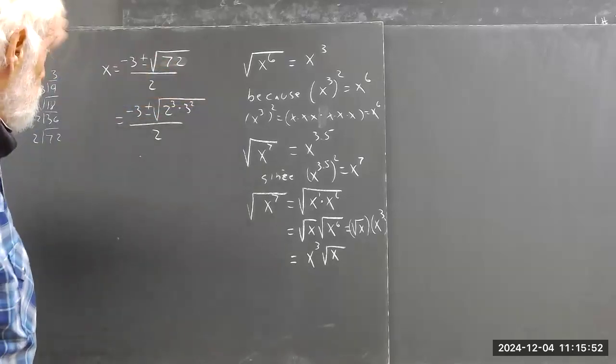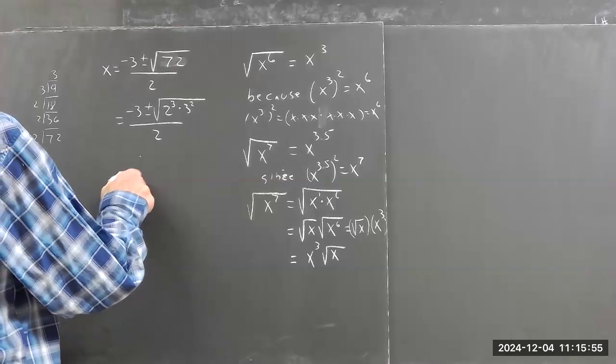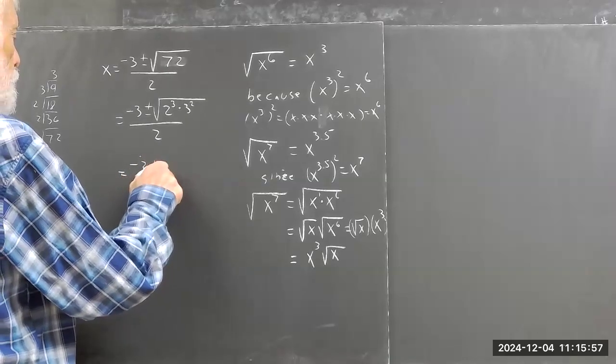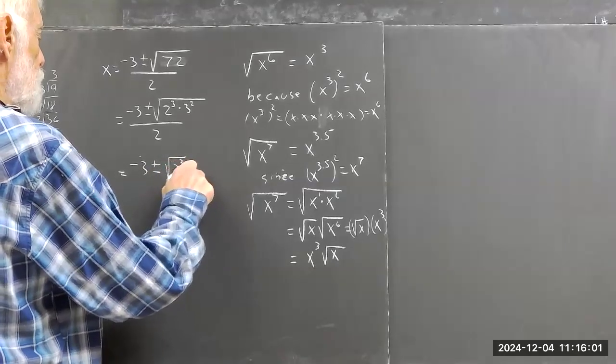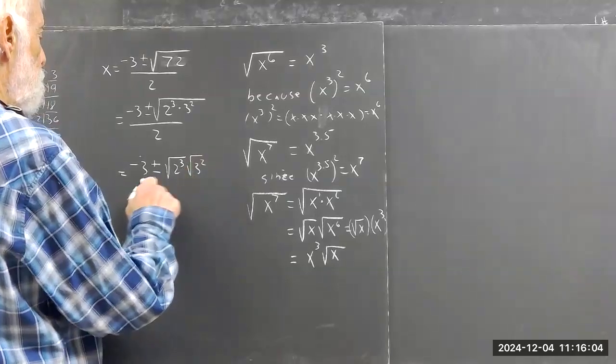So using prime factorizations, we could write that as the square root of 2 cubed times the square root of 3 squared.